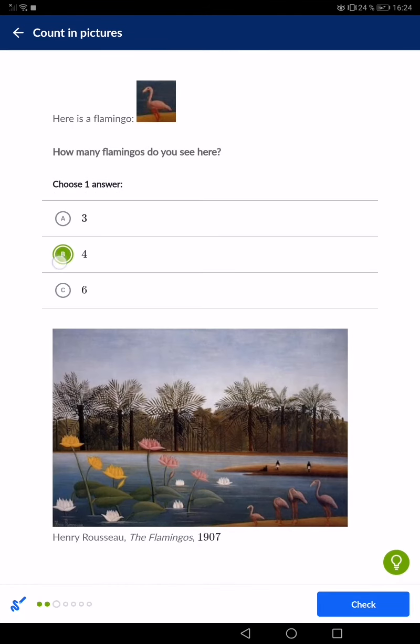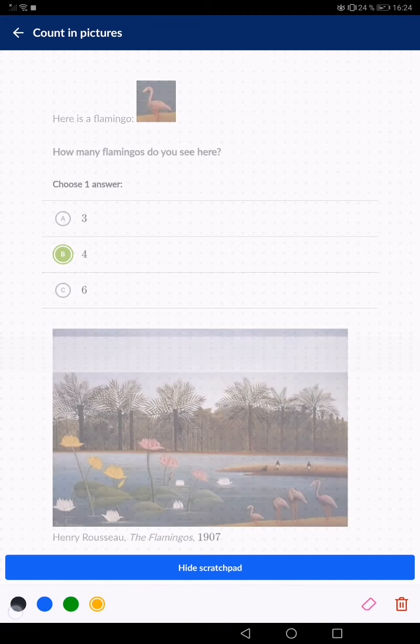So this is basically looking for quantities with a unit, right? Imagine if this weren't a flamingo. Imagine if this were meters, and he asked you how many meters do you see, and then you had a length which got 1 meter here and 1 here and added up. So it's basically looking at a frame.